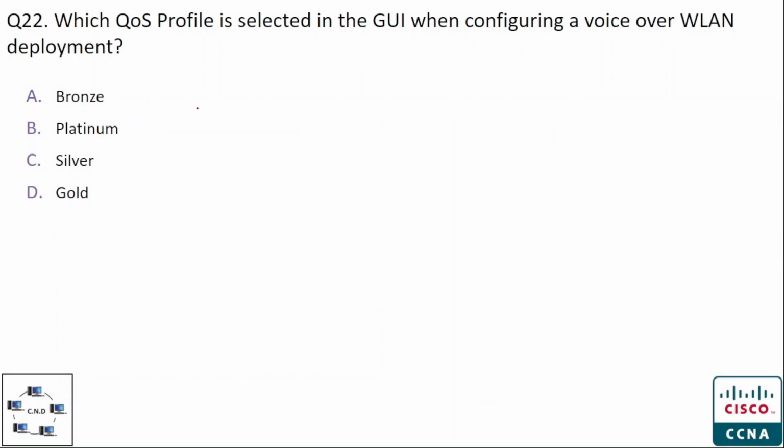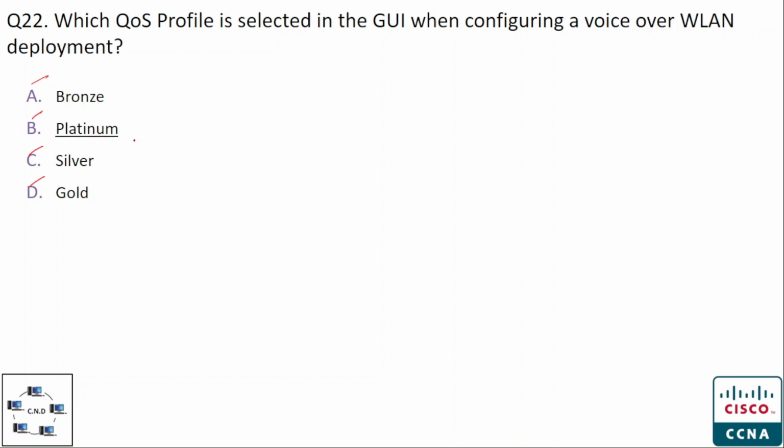Question number 22. Which QoS, or quality of service, profile is selected in the GUI when configuring a voice over wireless LAN deployment? The options are option A, bronze, option B, platinum, option C, silver, and option D, gold.